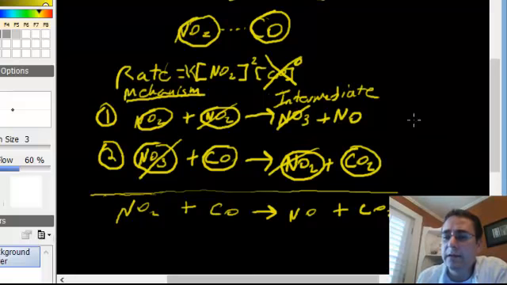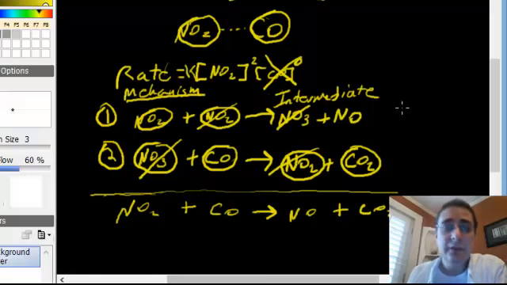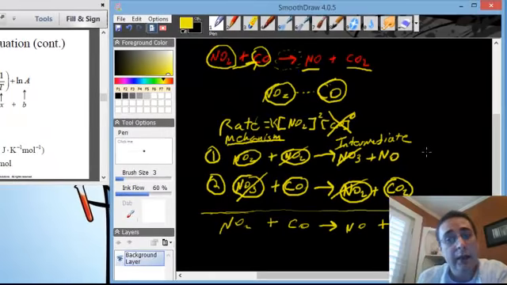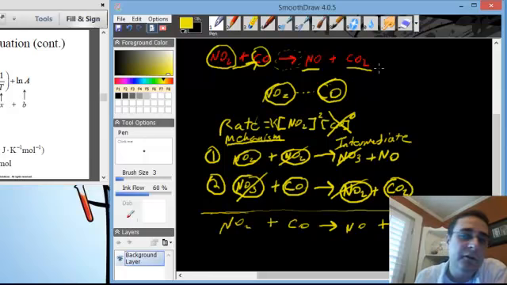Well, here's the deal. Each step in a mechanism has its own rate law. The rate law for one of these steps can actually be predicted, unlike rate laws for overall equations. For overall equations, you have to figure them out experimentally. There's no way to just look at the equation and know.